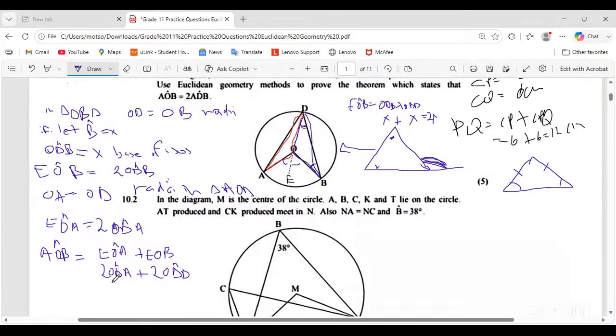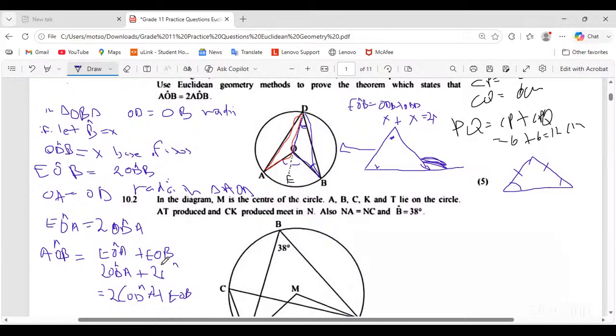Now, let's go. We can take a 2 as a common factor here. Inside the brackets, you will be left with ODA plus ODB. Whew, my bad, I don't know what I wrote here. It's not supposed to be that.